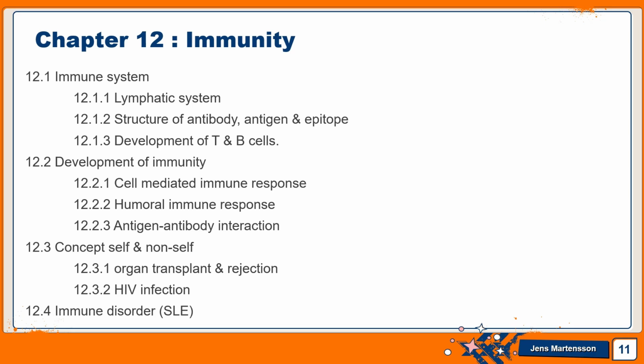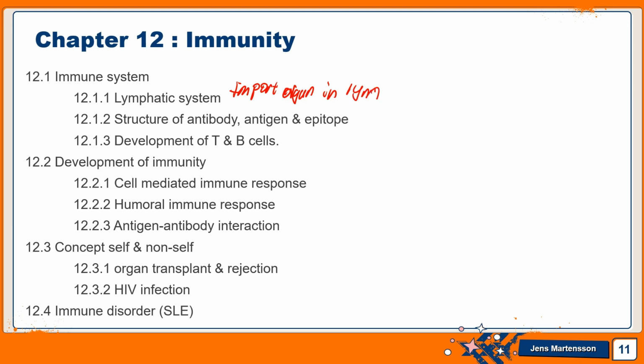So the first topic is about the immune system. You have to be introduced to our immune system first. Our immune system is the lymphatic system. The lymphatic system plays a major role in our immune response. You have to know what the lymphatic system is, and some important organs in the lymphatic system.